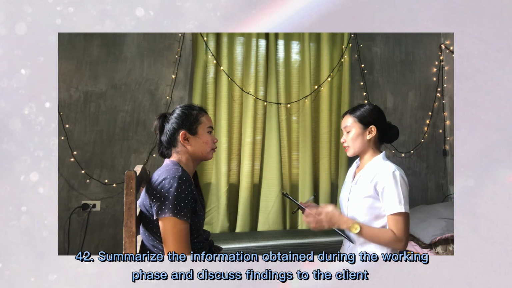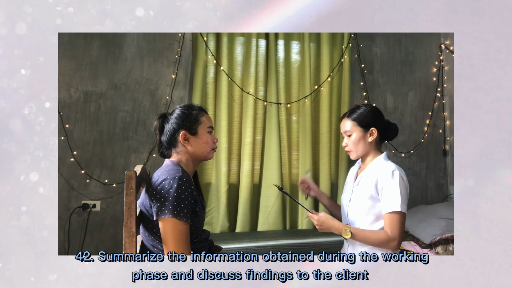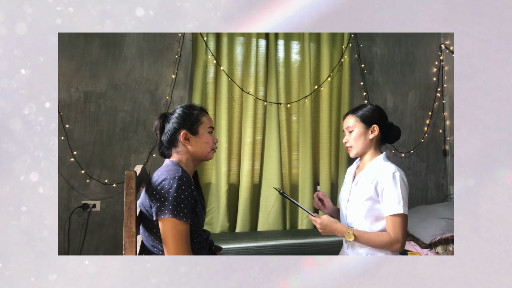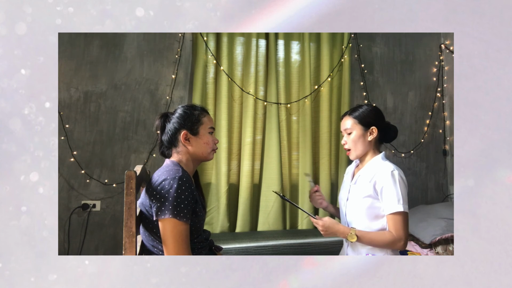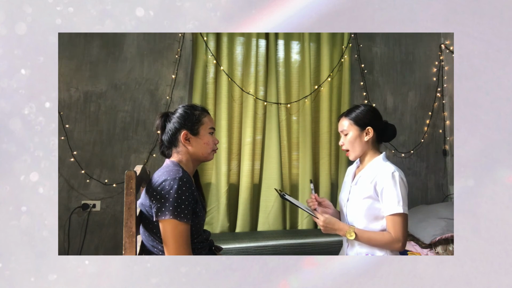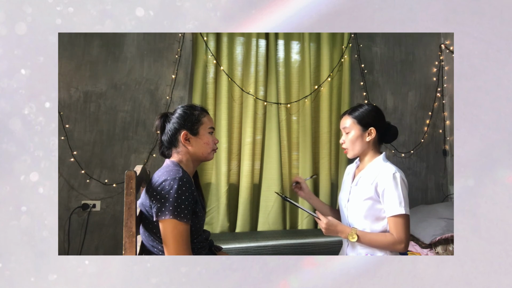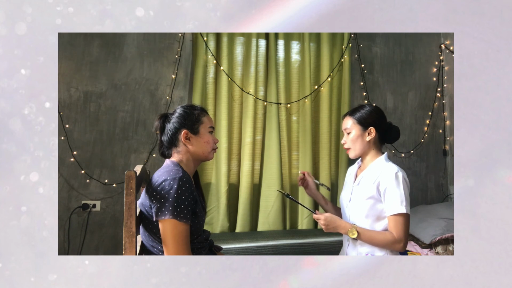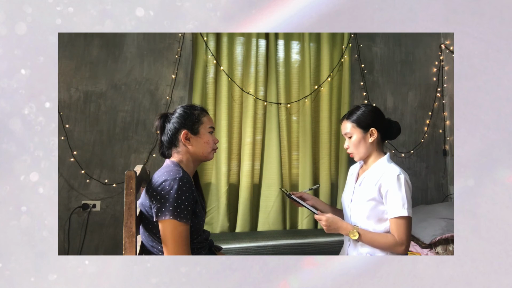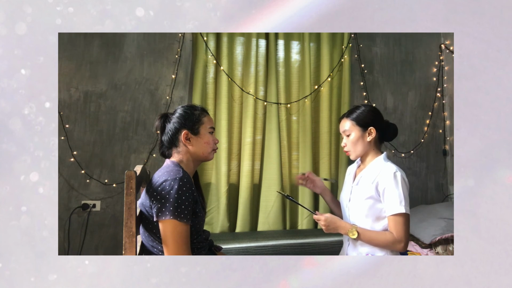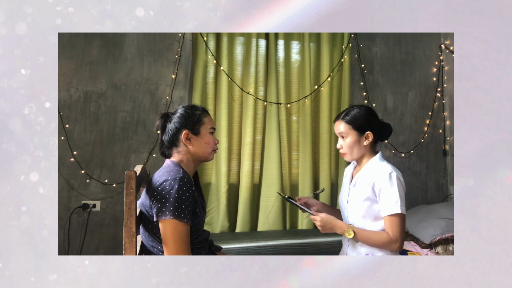Now, ma'am, I'll summarize everything that we've covered. For your visual acuity, when you were reading the Snellen chart, your right eye vision is 20 over 25, your left eye is 20 over 30, and both of your eyes are 20 over 20, which means all good and normal.